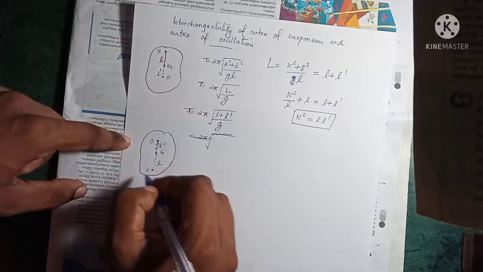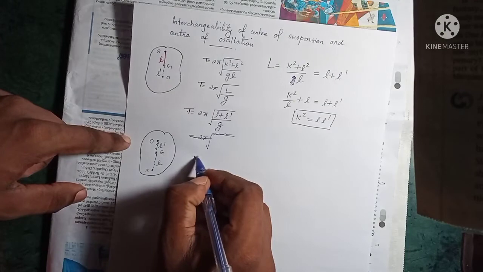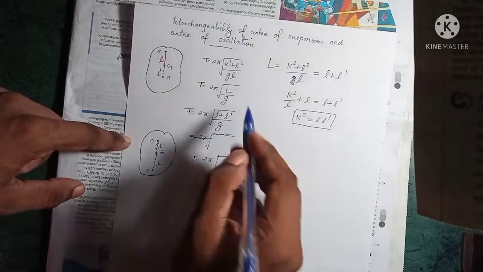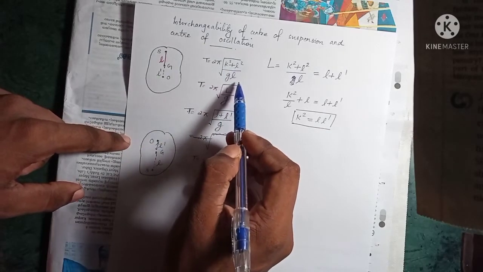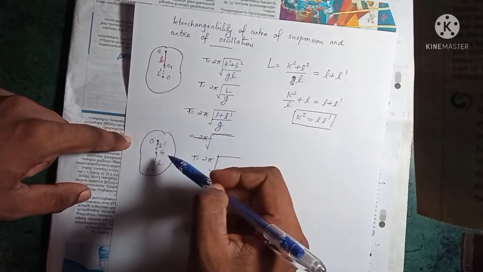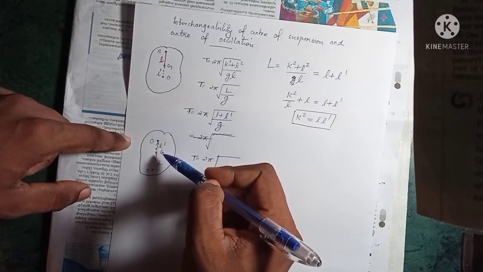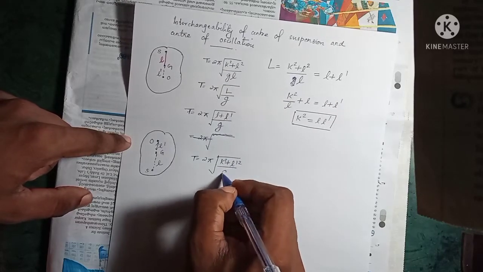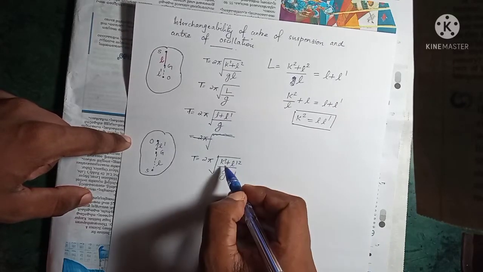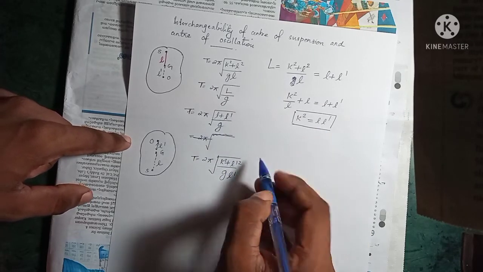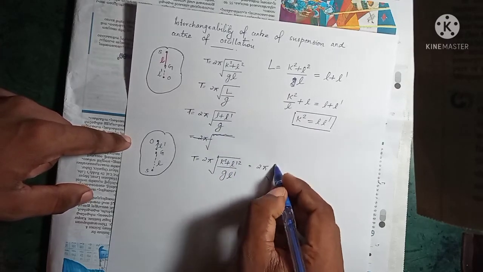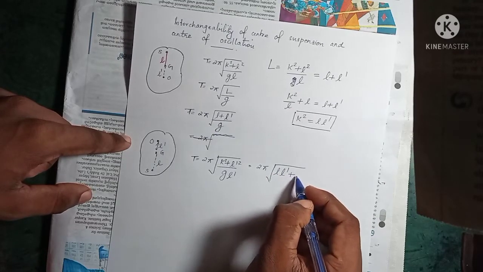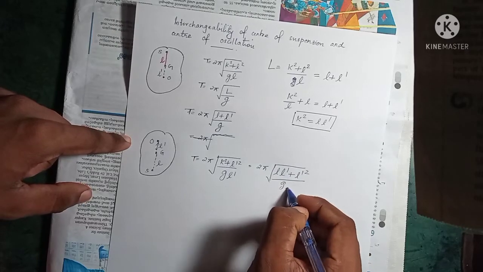So again, the time period of this inverted compound pendulum will be T equals 2 pi root over K square plus L square upon GL. Instead of L, the new length will be L dash because we have inverted the pendulum. So this will be K square plus L dash square upon GL dash. Now in place of K square, we can substitute the value L L dash, which will be 2 pi root over L L dash plus L dash square upon G L dash.